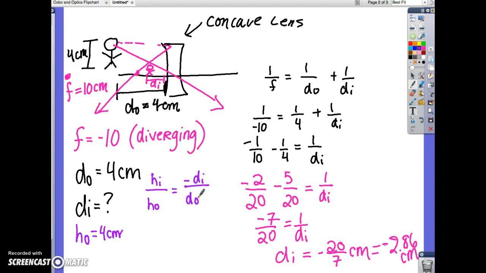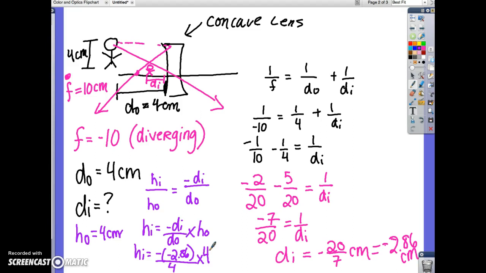So HI is what we want to know. So HI is equal to negative DI over DO times HO. So HI is equal to negative 2.86 divided by our original length, which is 4, times the original height of the object, which is also 4.